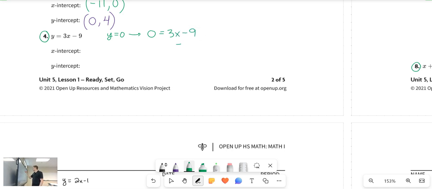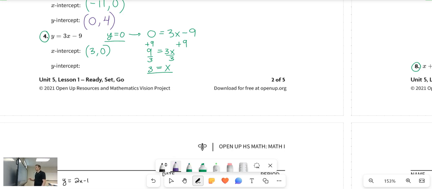And then we just have to solve. So we add 9 to both sides, plus 9. We get 9 equals 3x. And then we just divide by 3. And we would get 3 equals x. So the point is going to be y equals 0 and x equals 3. So that's going to be the point 3, comma 0, because we always put the x first, 3, comma 0.